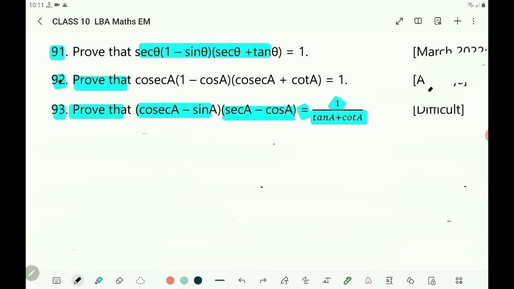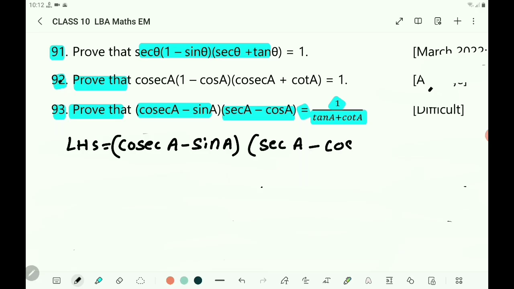So in the first case you take LHS equals cosec A minus sin A into secant A minus cos A. Here you write cosec A as 1 by sin A. You know that cosec is the reciprocal of sin.